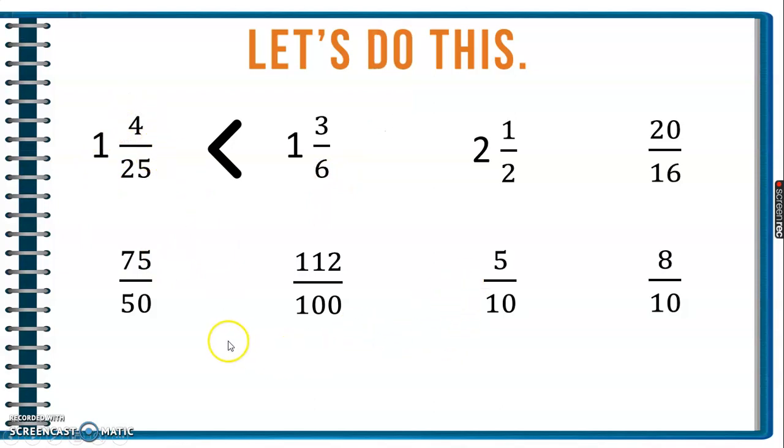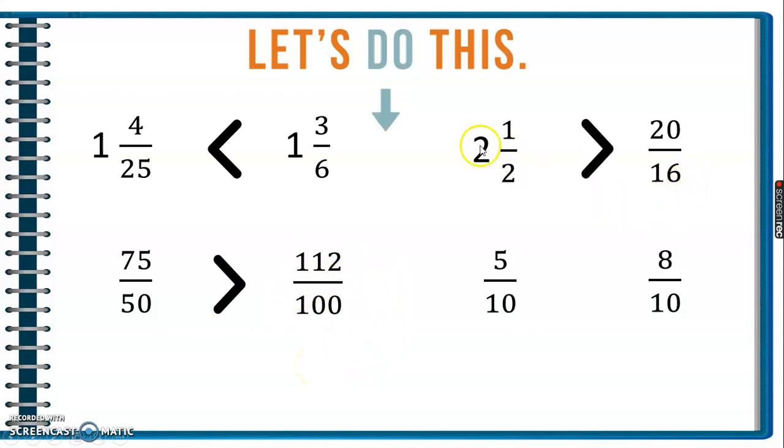Next, we have 75 over 50 and 112 over 100. So what we're going to do, cross multiply. So therefore, 75 over 50 is greater than 112 over 100.